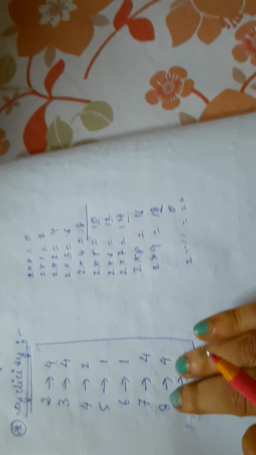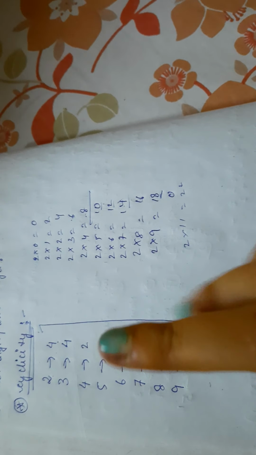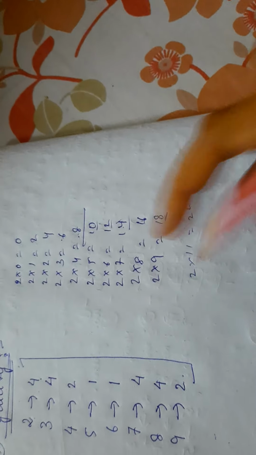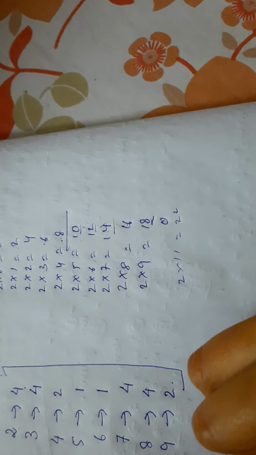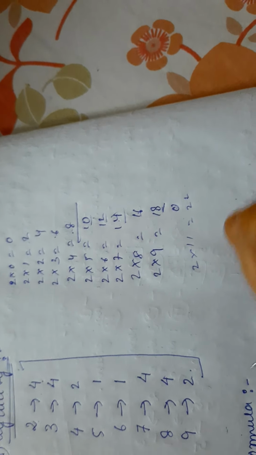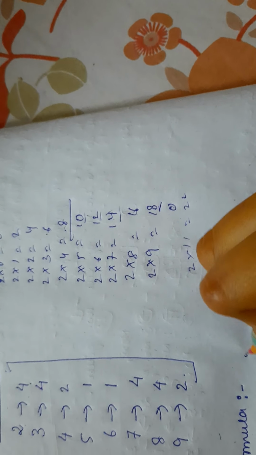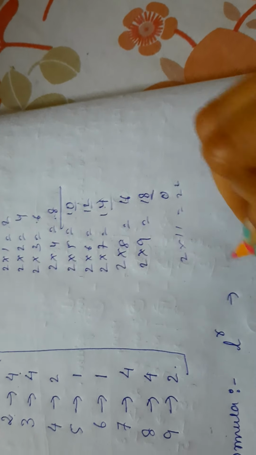This application will be used in last digit or unit digit. We will use this cyclicity application. So what will be the formula to find the unit digit or last digit of a number? For a question, we will do a question, but the formula is L to the power R. What is L?